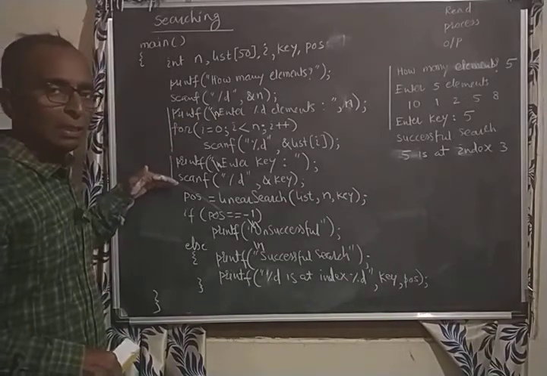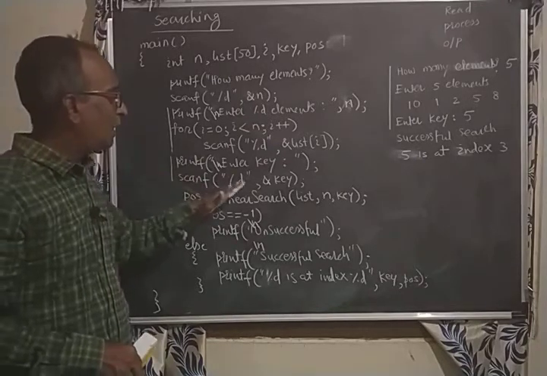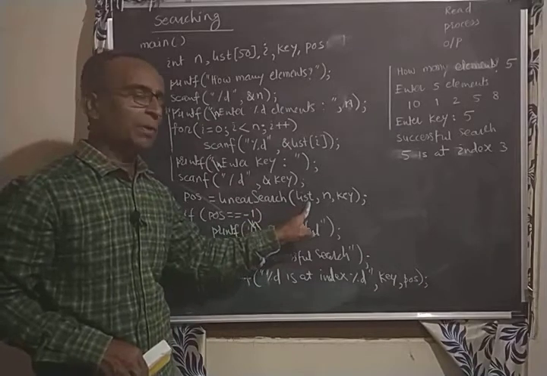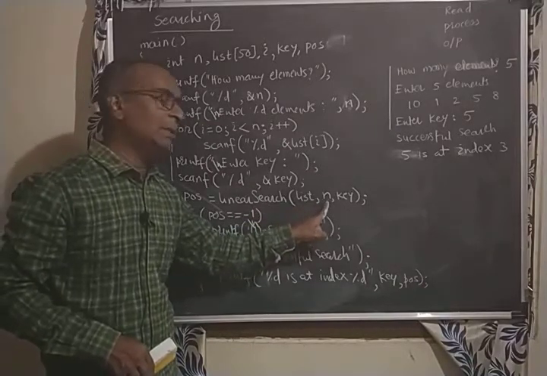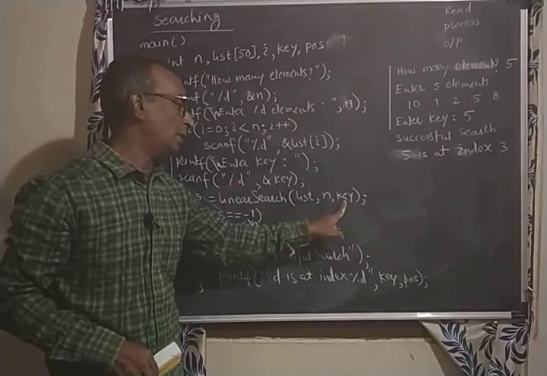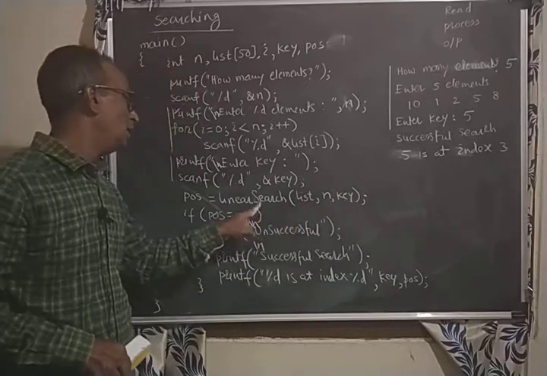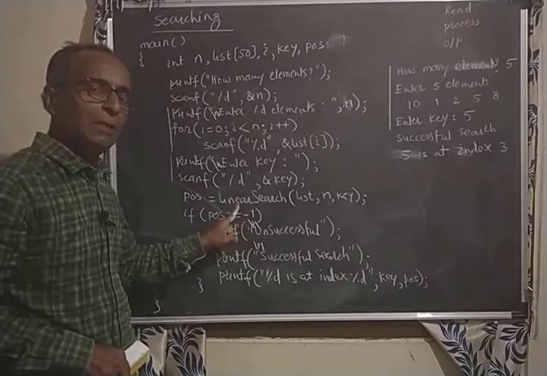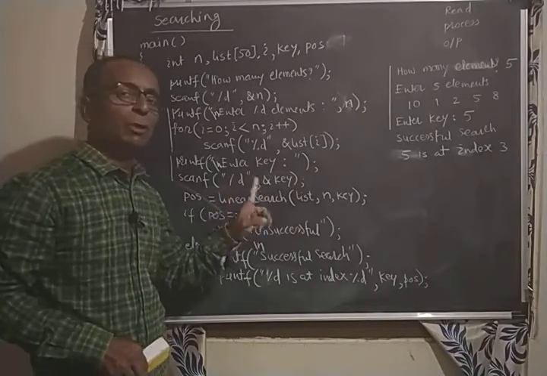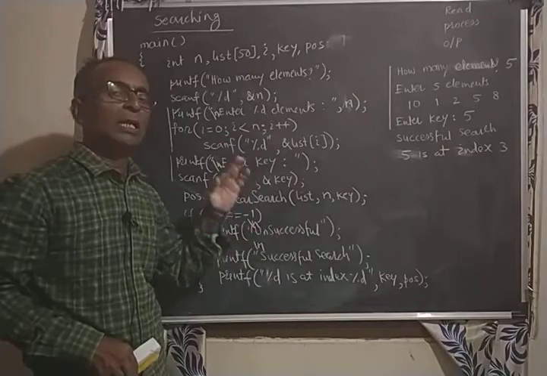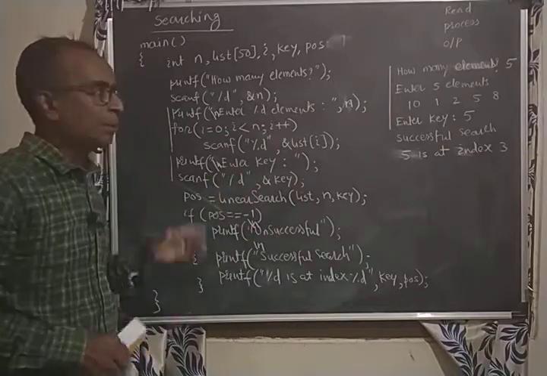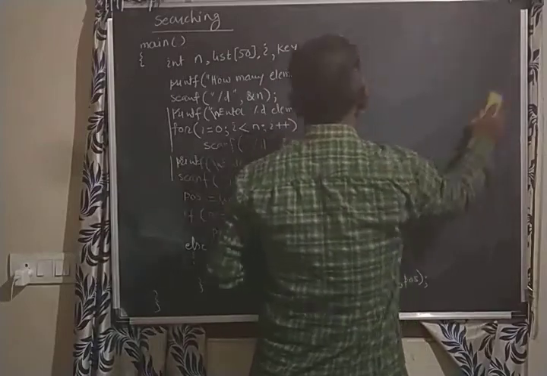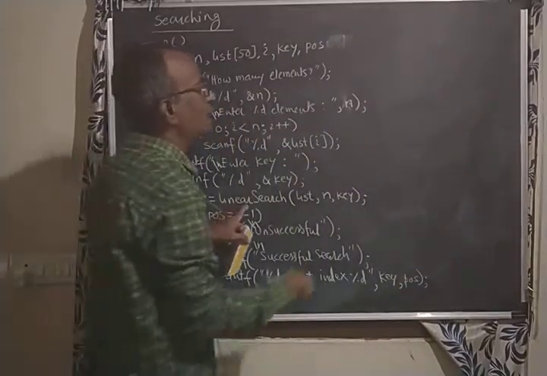Then you are reading the key value. Then here you are calling a function by sending the list, that is the array, the number of elements in that array, and the key to be found. This will return you the position. The function is written in such a way that it will return -1 for an unsuccessful search or any other value for a successful search. Now we will implement this processing, that is the function.